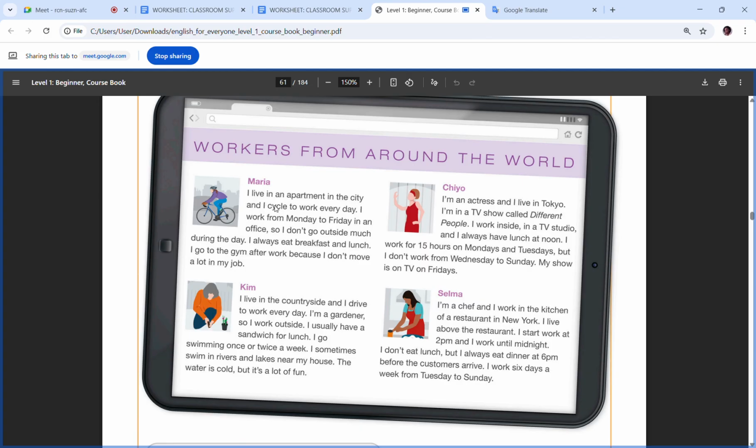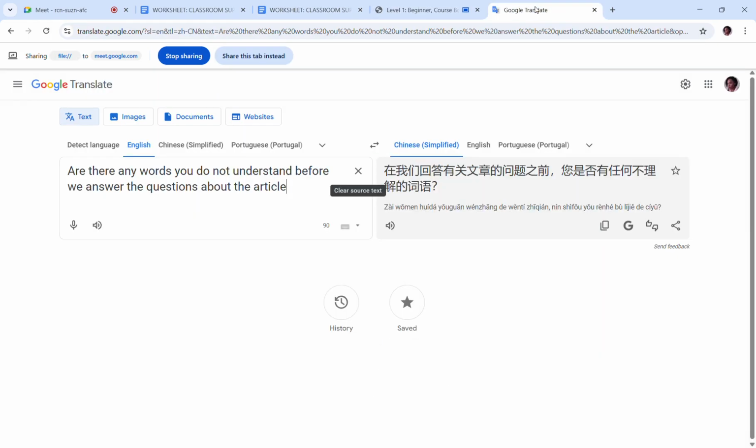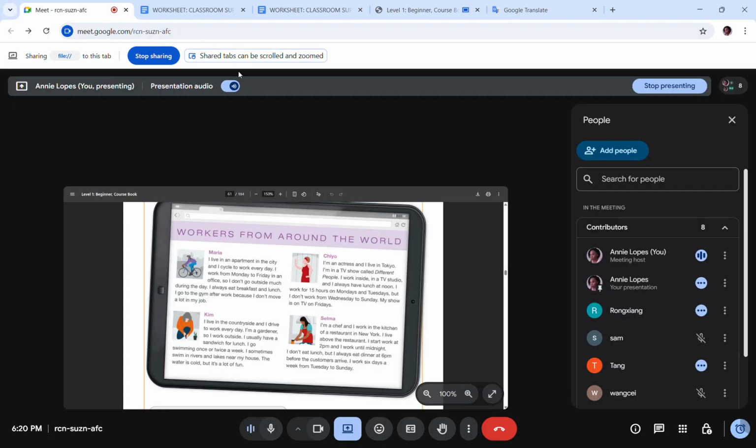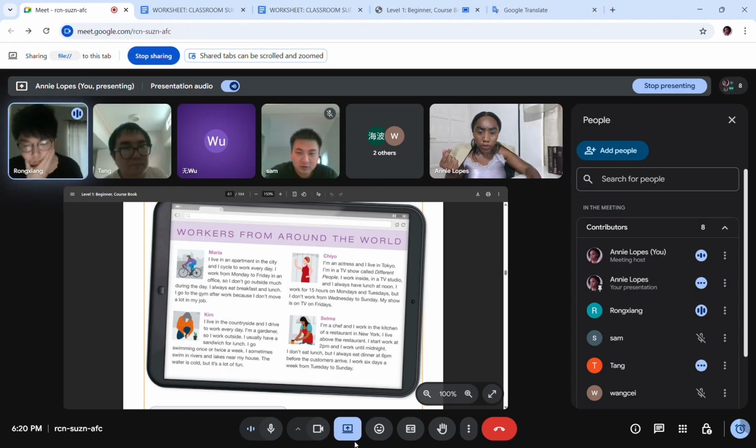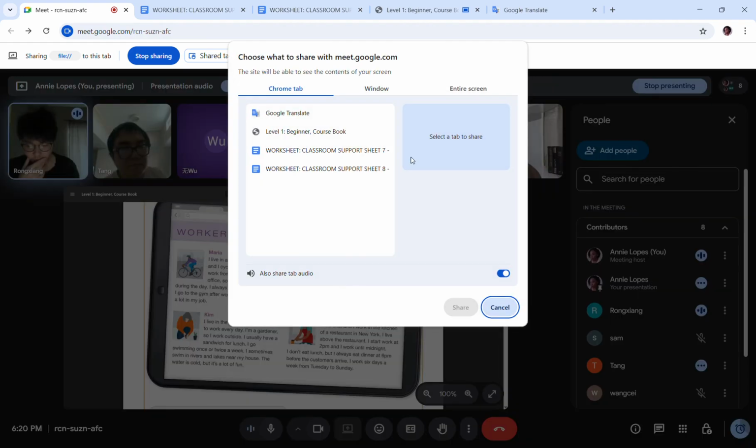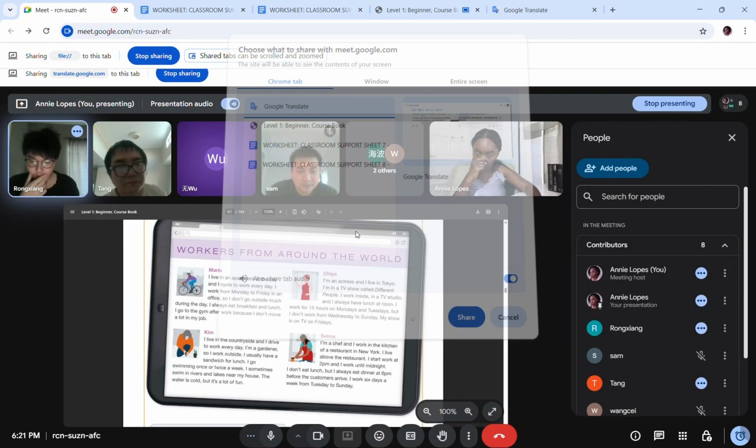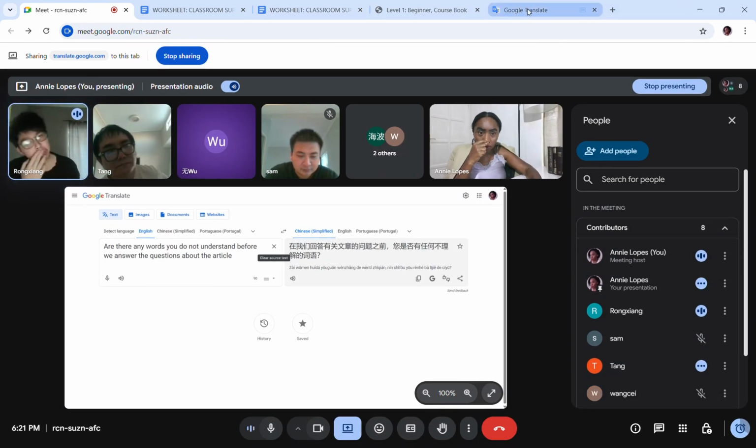What about cycle? What does it mean to cycle? To go on your bicycle, right? To cycle means to ride your bicycle.